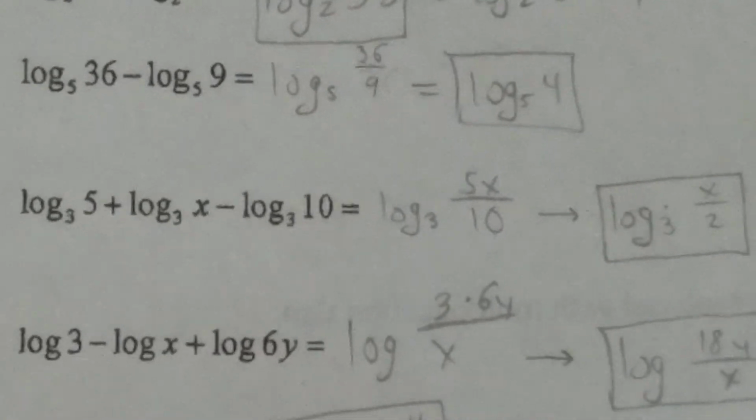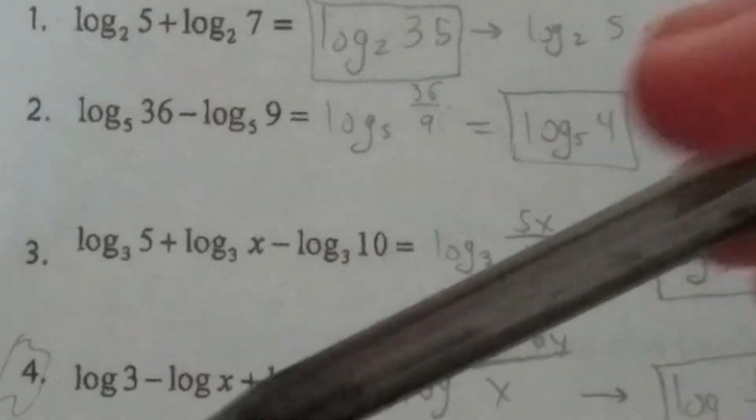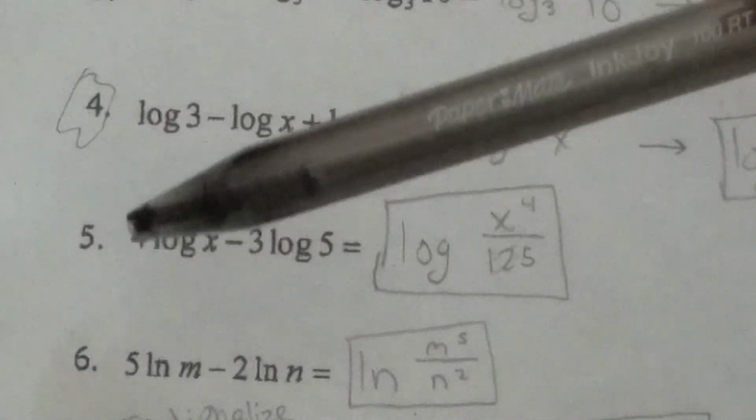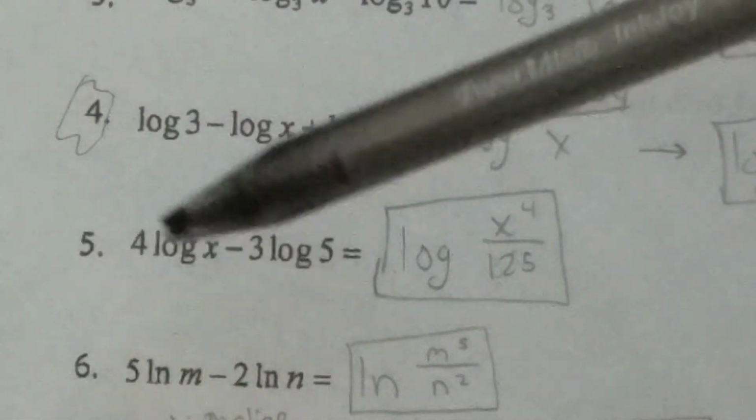Now I'm going to give you one more problem, the power property. That's when you have a number in front of one of the logs, like this number here. So we have 4 log x, and that's one thing you have to deal with.